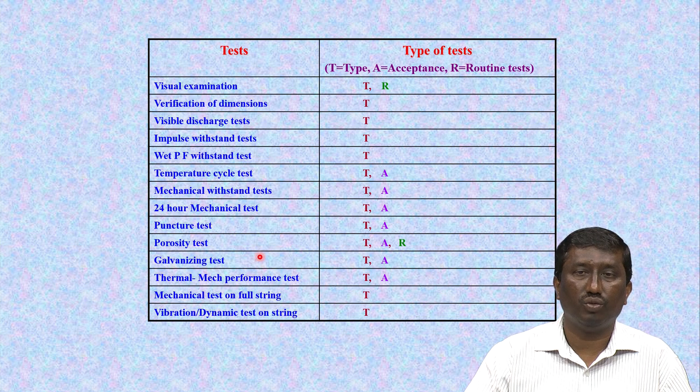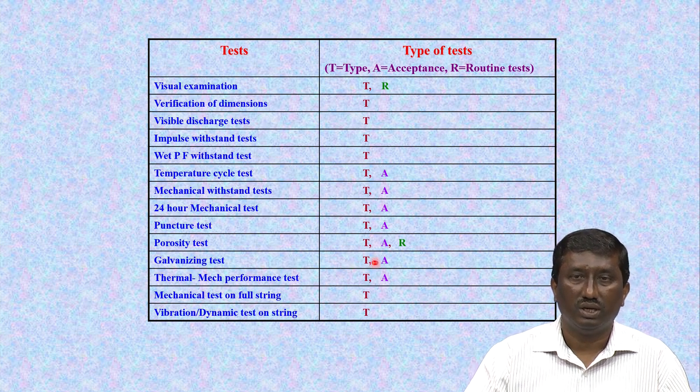So, this is very important, it falls under three categories. Each of the insulators is tested for this test, it is a type test, it comes under acceptance, and also the routine test which has to be carried out for each and every component. Galvanizing, this is again categorized in both type and acceptance.